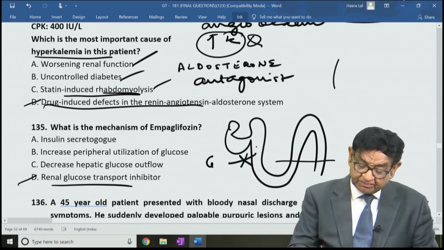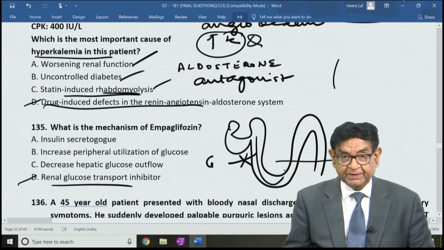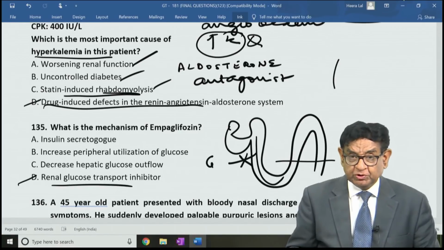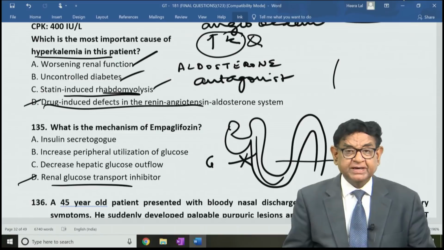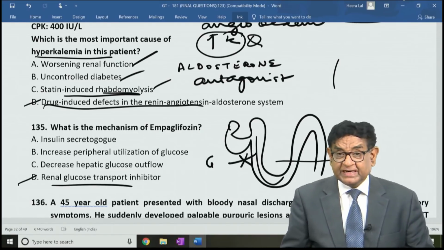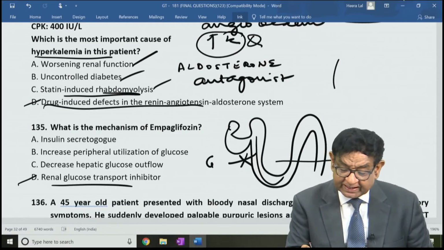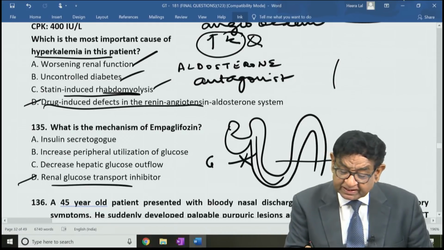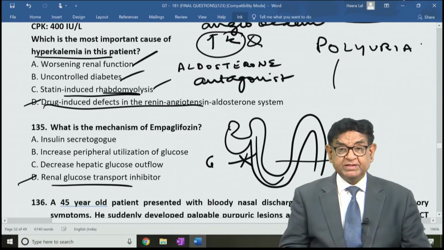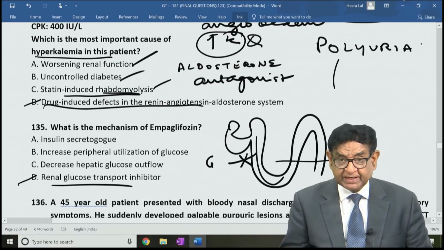That means a large amount of glucose will go out of the body, and that will lead to low sugar in the blood. But as a large amount of glucose is going out, the expected side effect is diuresis or polyuria, because we know very well the glucose acts like an osmotic diuretic.